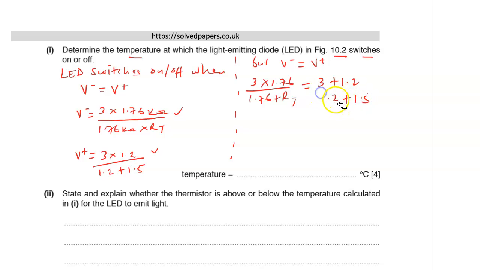I can just basically call this one 2.7. And of course, you can see that this and this will cancel. They appear on both sides.